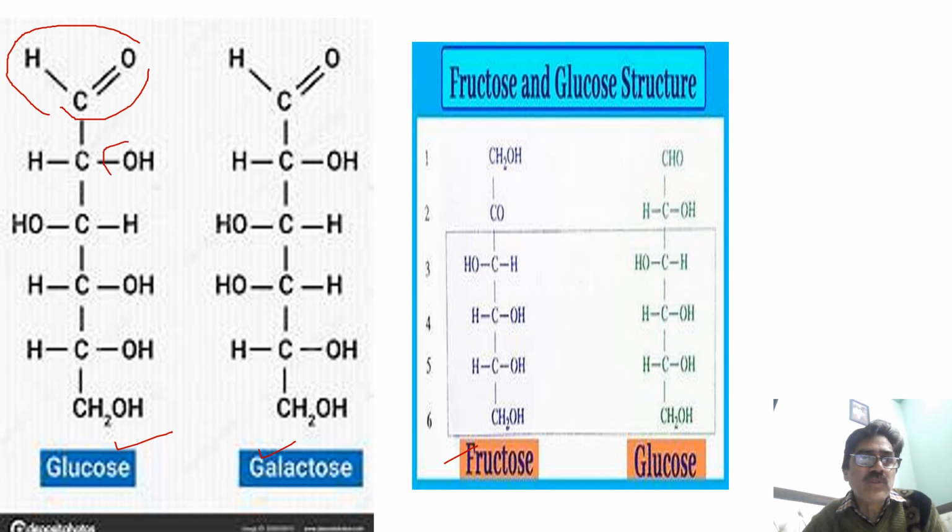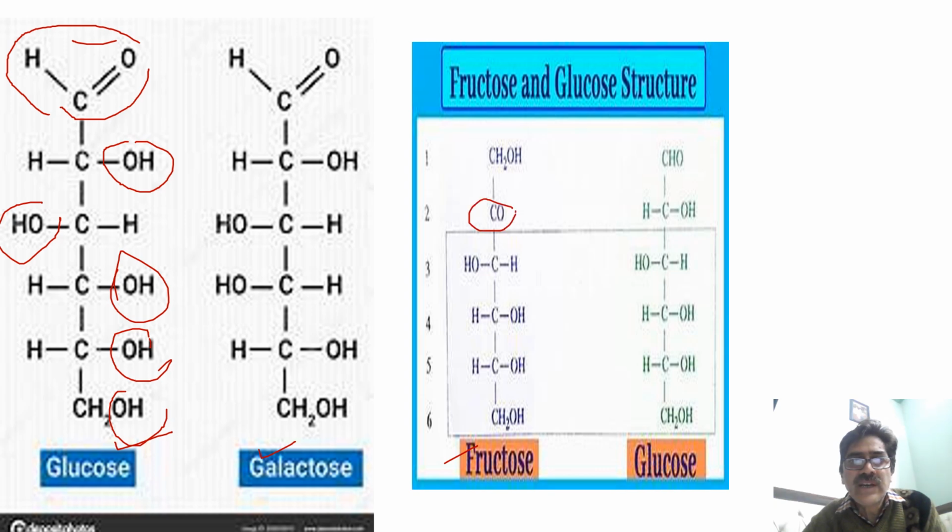So many OH groups are present. 1 OH group, 2 OH group, 3 OH group, 4 OH group. Now you can say they are polyhydroxyaldehydes. This is the aldehyde functional group. If here we have a ketonic group in case of fructose, C double bond O, this is the ketonic group over here. Rest you can find so many OH groups, polyhydroxyaldehydes or ketones or their derivatives.